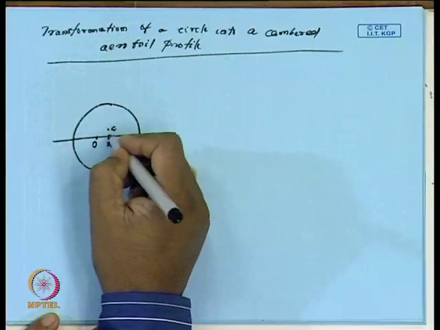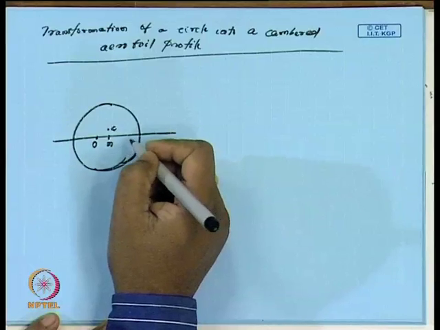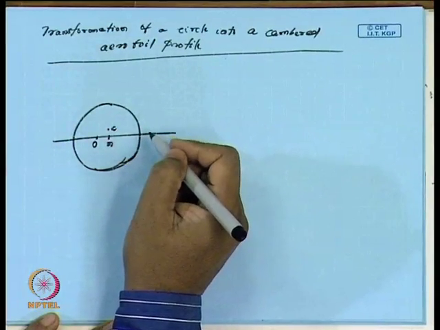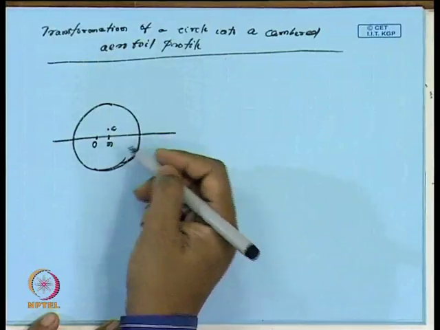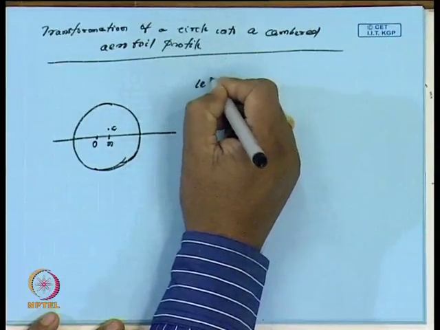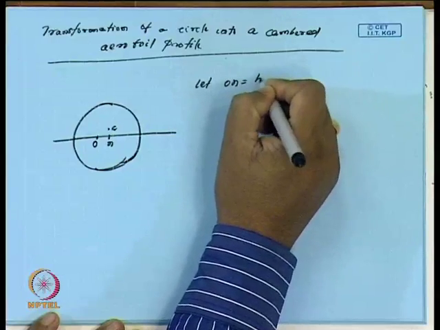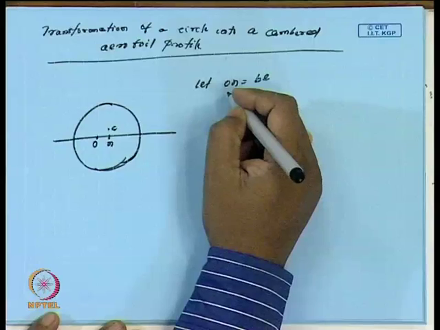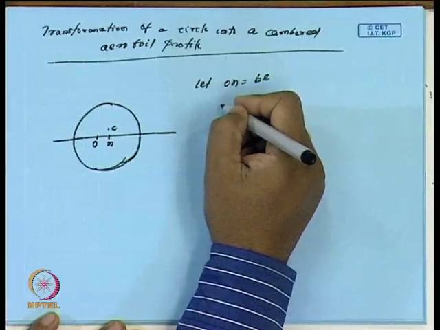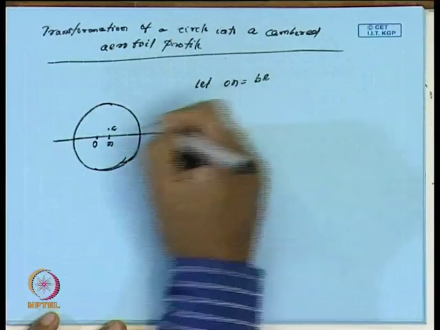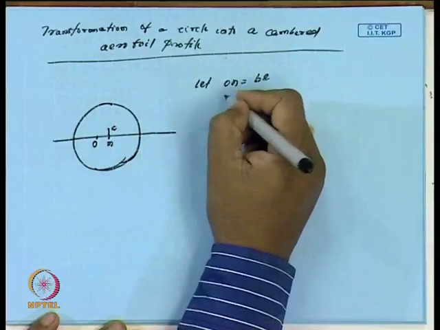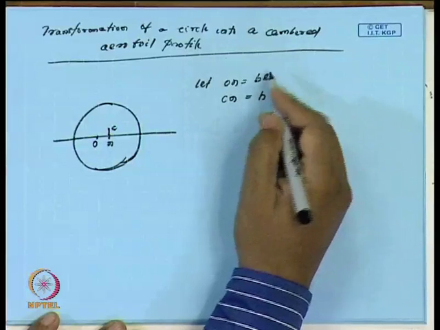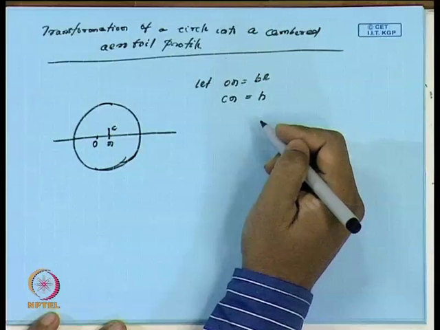So, O is the origin and C the center of the circle. As usual, let O n be b e, while the shift is the distance C n, and let C n be equal to H. This is the vertical shift, and O n is the horizontal shift.